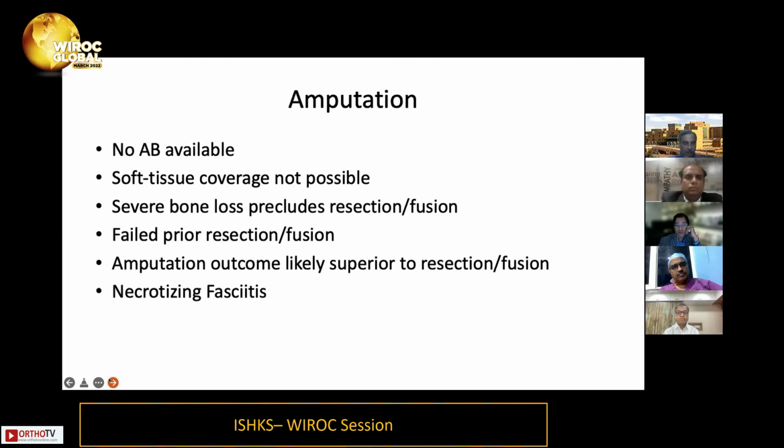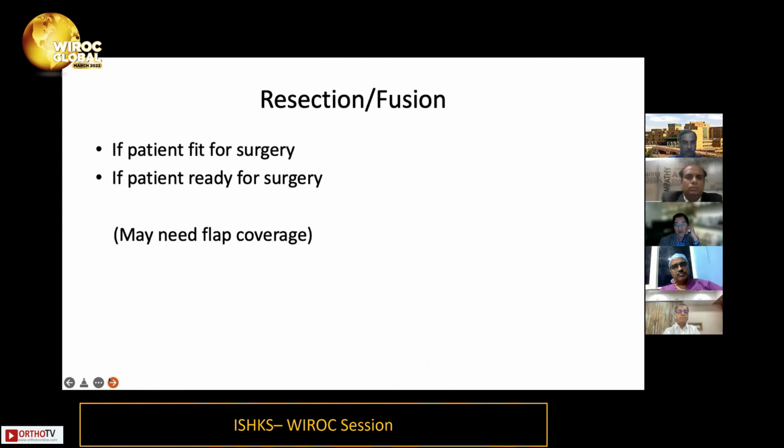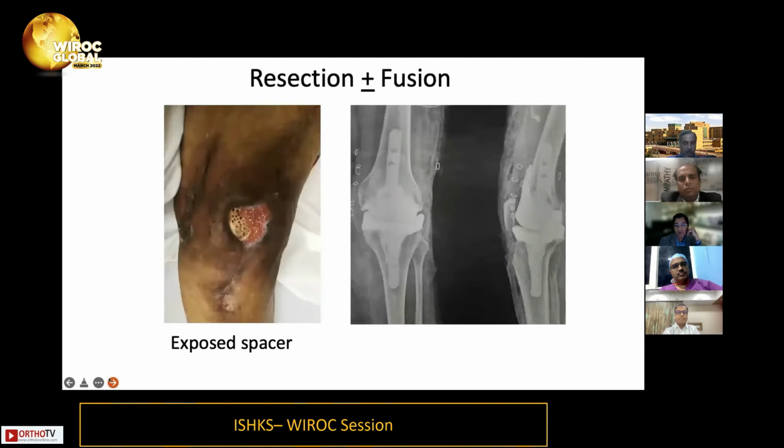In these situations, one might consider an amputation very, very rarely. And if it's a no to all these points, then you can consider a resection arthroplasty or a fusion, provided the patient is fit for surgery and is ready to undergo surgery. Remember, they may need flap coverage.